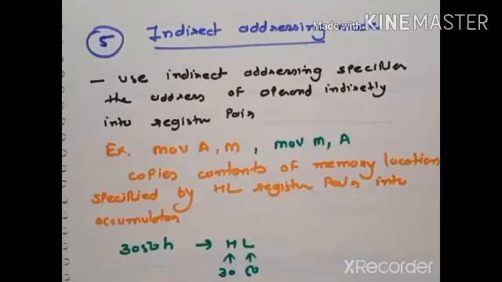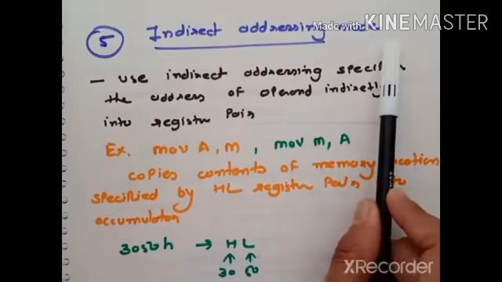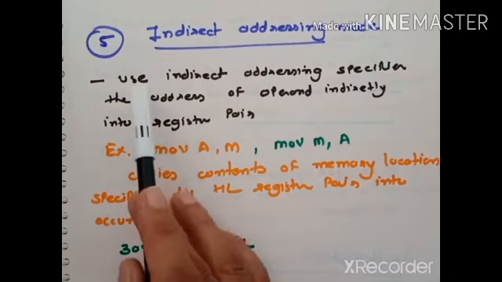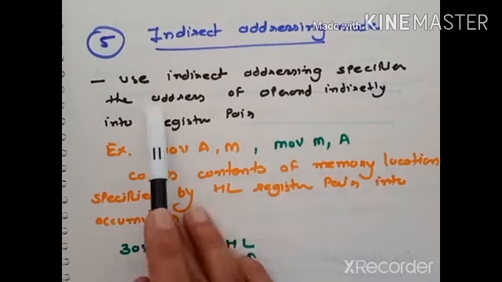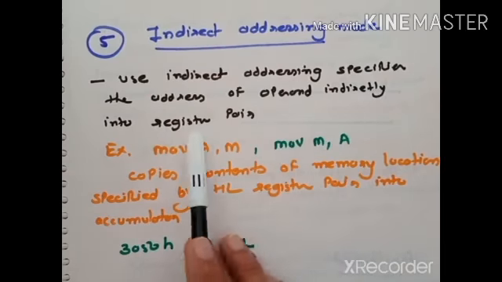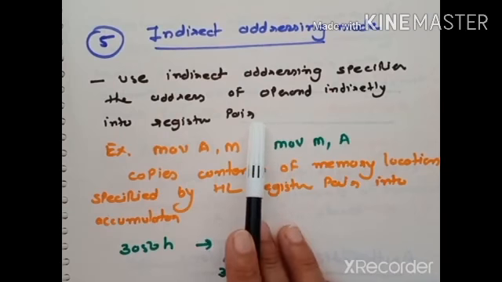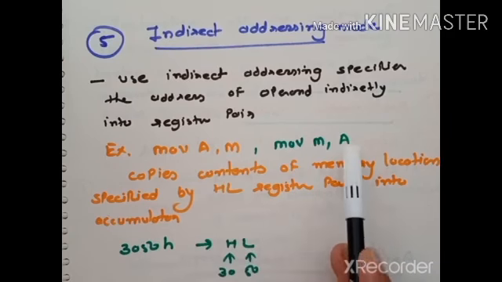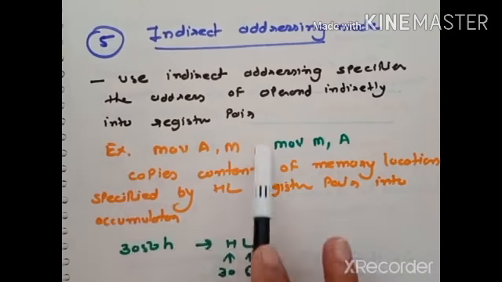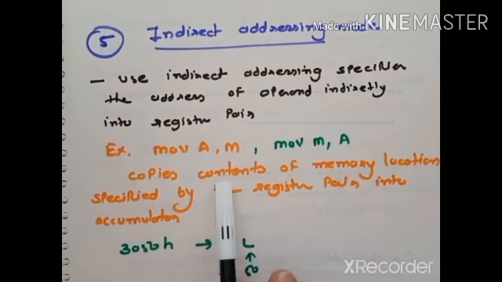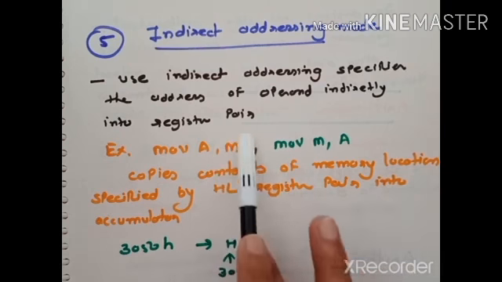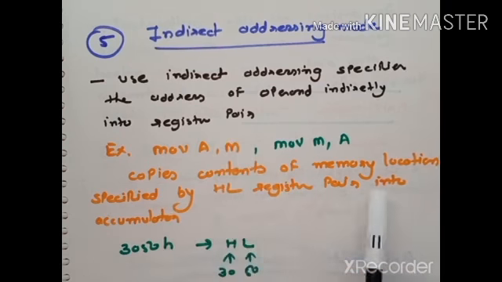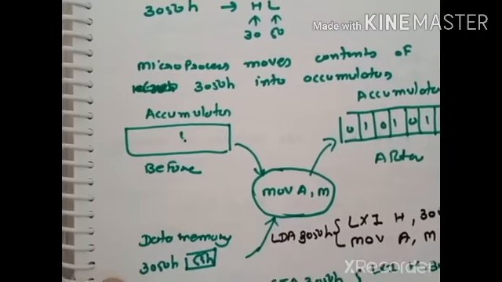Next, indirect addressing mode. In this, indirect addressing specifies the address of the operand indirectly in a register. Examples of such instructions are MOV A, M, otherwise MOV M, A. MOV A, M copies the content of the memory location specified by the HL register pair into the accumulator. Now the explanation of this instruction.